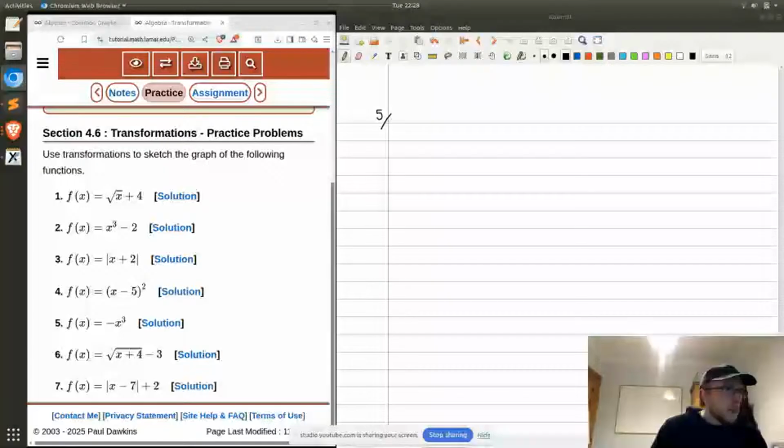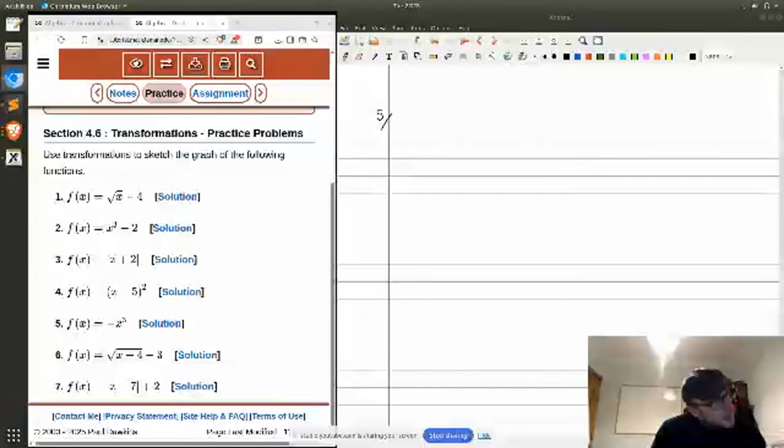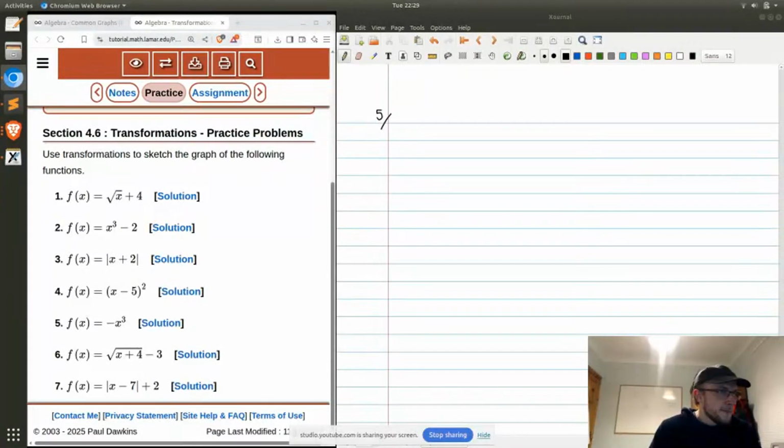Oh, I'm doing it. All right. More values. Okay. Now this is going to look a lot better, isn't it? Wonderful.